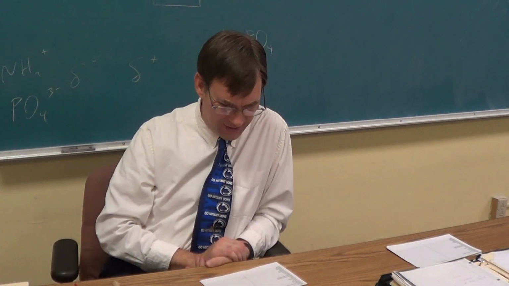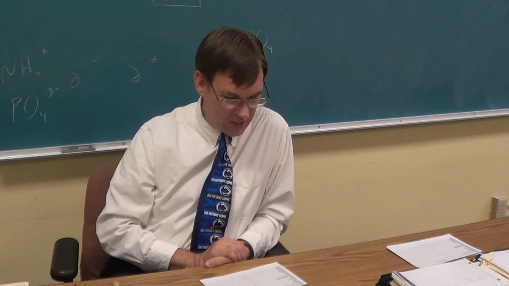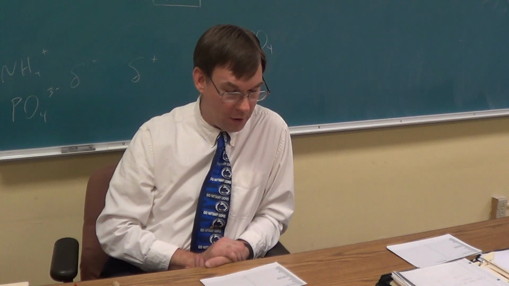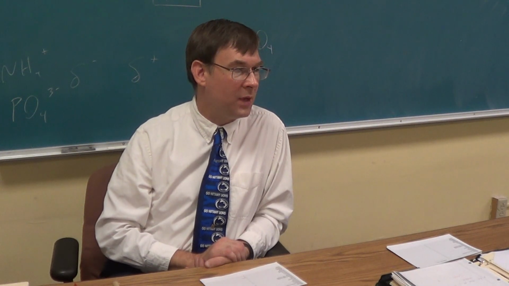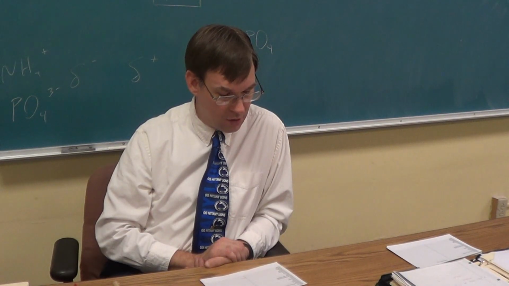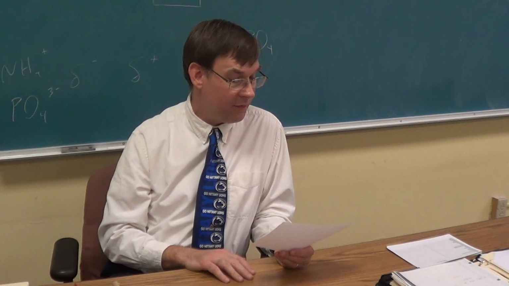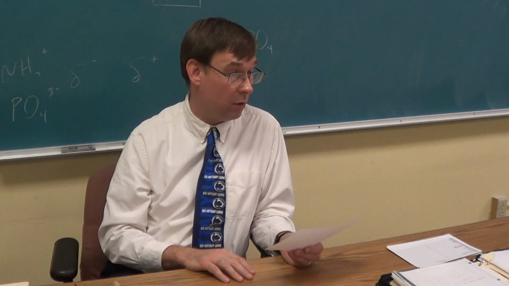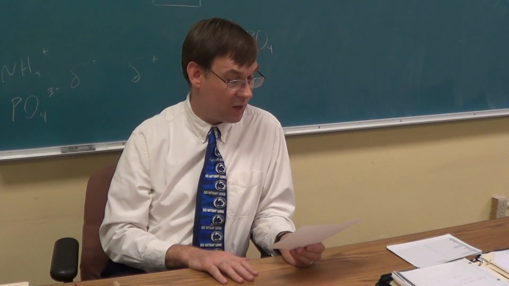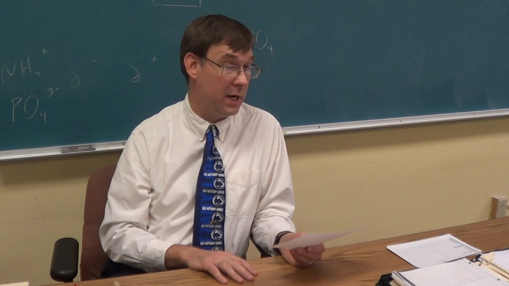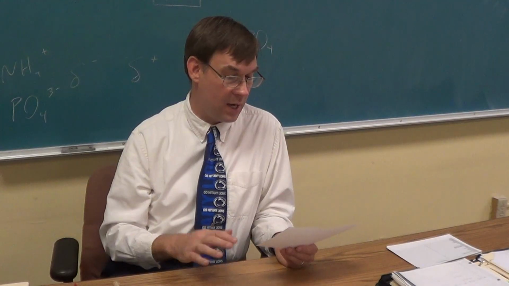The book didn't do it in this section, I don't think, but somewhere they say -ates are great and -ites are slight, and they think that's clever, and it's not bad. The -ites are going to usually be 1 less oxygen than the -ates. So if I had a phosphite, which I don't, it would be PO3, because the -ate was great and the -ite was 1 less.